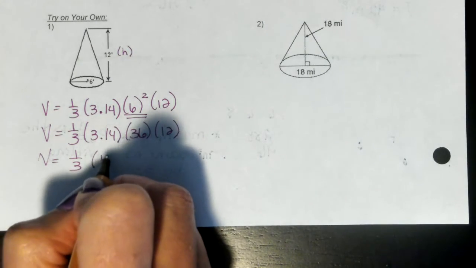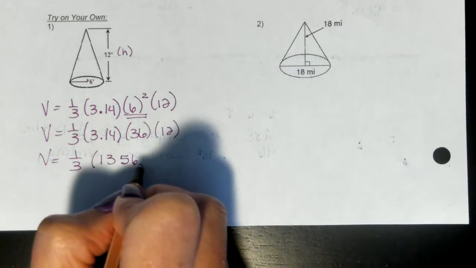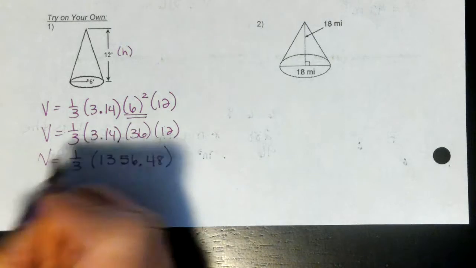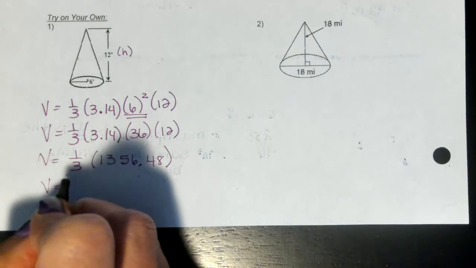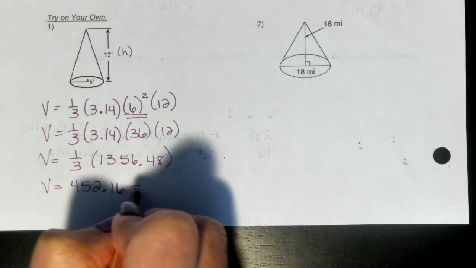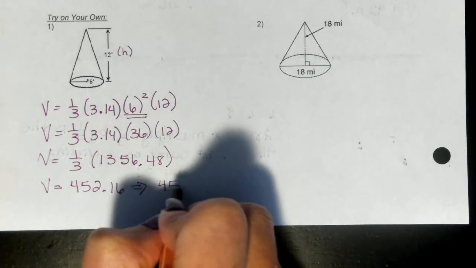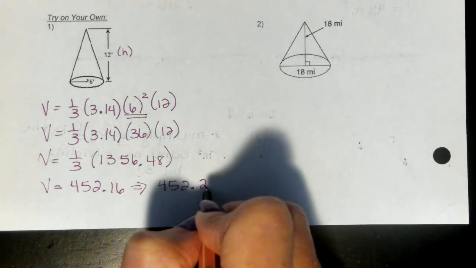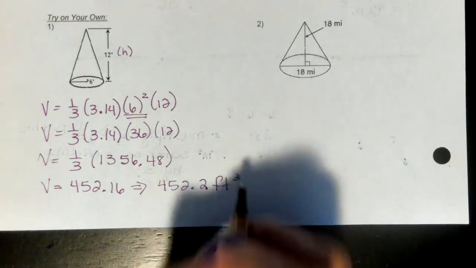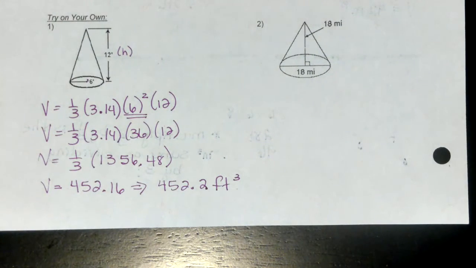It's going to give me 1,356.48. And then I'm going to divide that by 3. So that's going to give me 452.16. If we are rounding to the nearest tenth, that's 452.2. And that's actually unit for feet cubed.